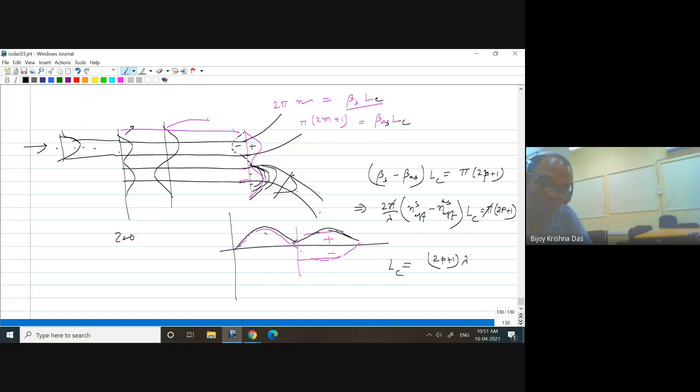divided by 2 times (n effective s minus n effective as). So that is the length required for complete power transfer to the second waveguide. Now, can you tell me what would be the L3 dB expression?